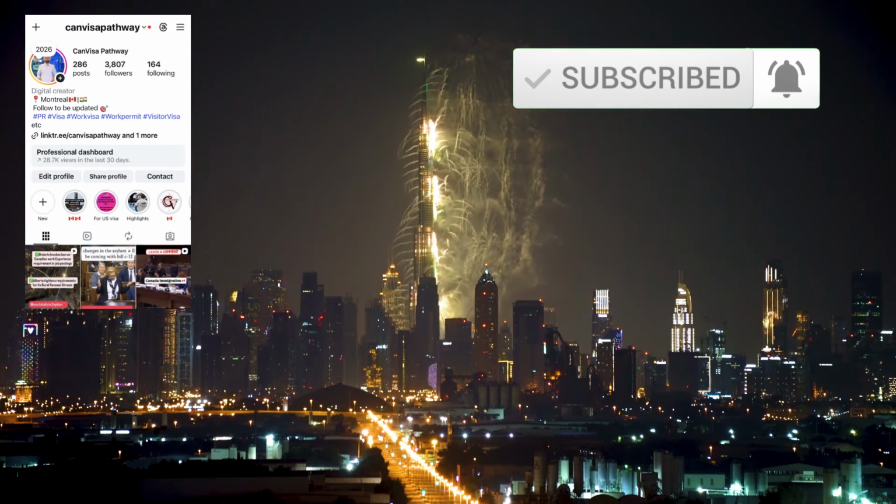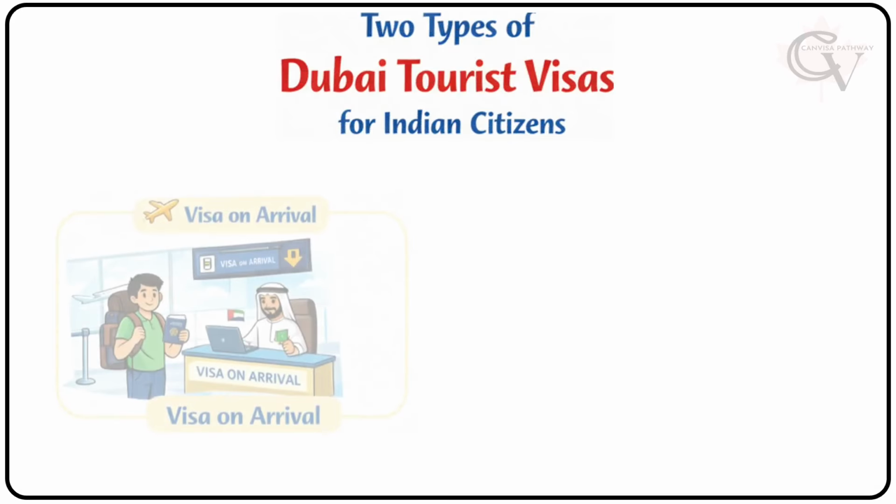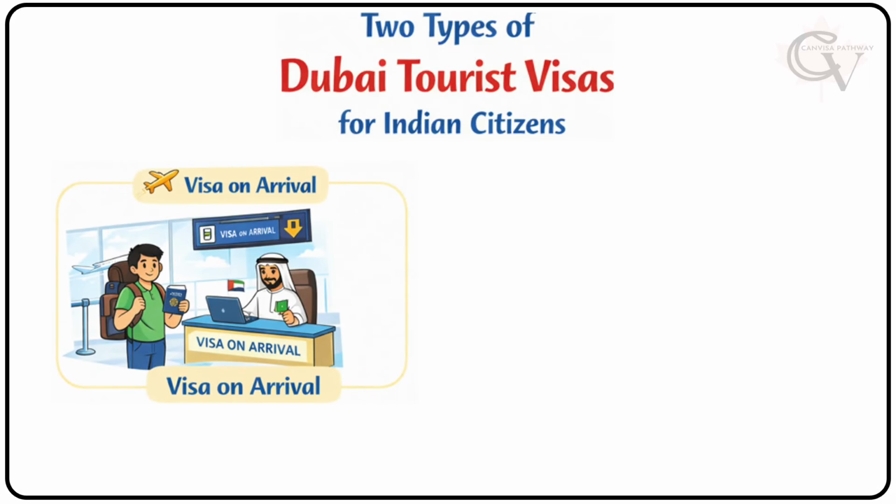Let's move on. There are two types of tourist visas. First is visa on arrival for Indians. Yes, Indians do get visa on arrival in Dubai, but there are some terms and conditions to get an on-arrival visa for Dubai. I personally took visa on arrival for myself and will provide more details on how you can get it as well.